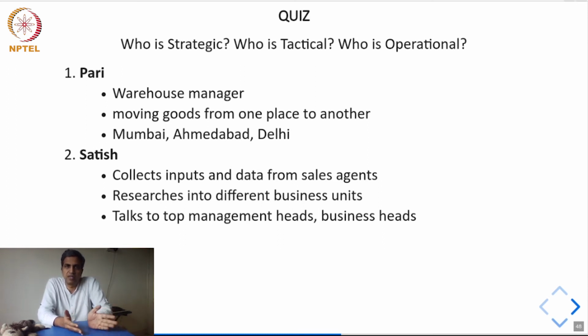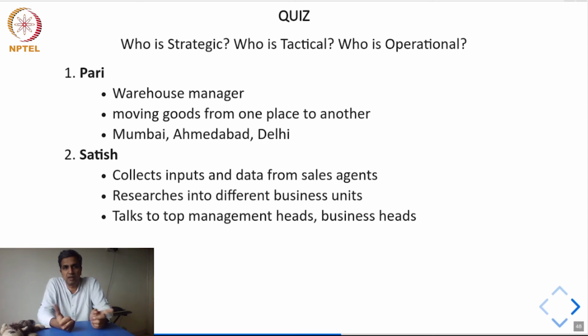He starts off with inputs from sales agents, but researches into different business units, and doesn't limit it to one business unit. Another part of his job is to talk to top management heads and business heads. So that describes Satish, his role in an organization.